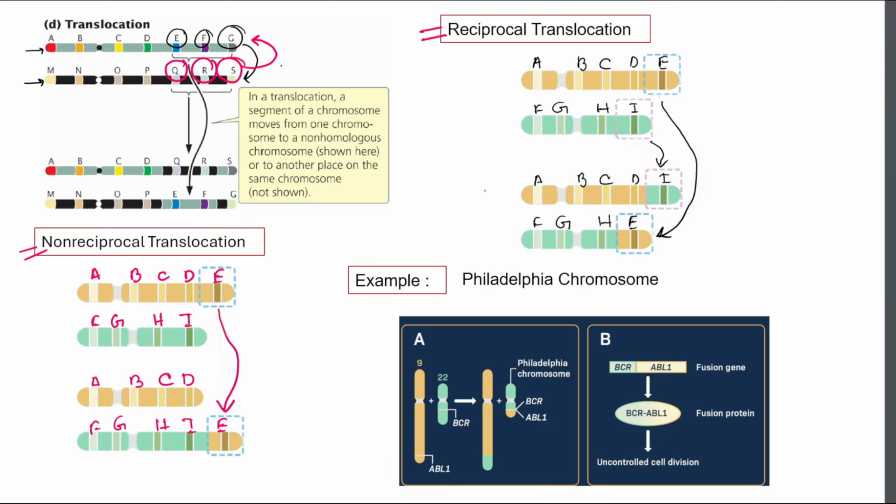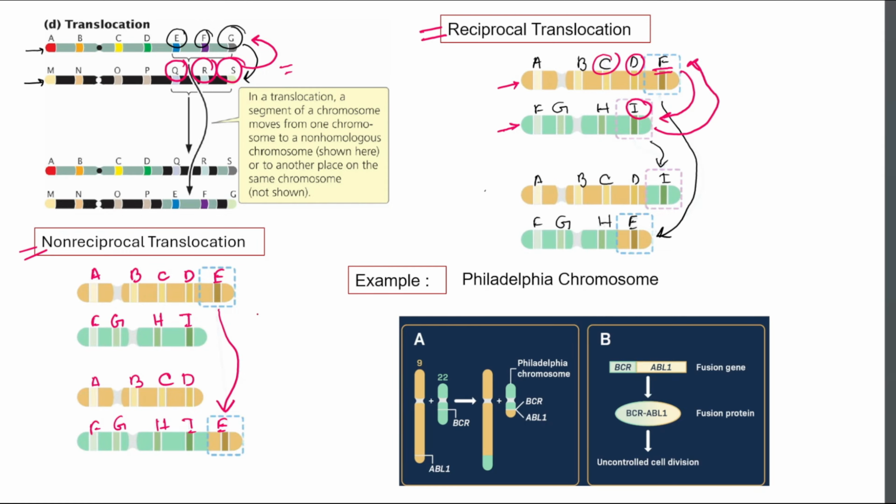Here the segment of one non-homologous chromosome, A, B, C, D and E, is moved to the other non-homologous chromosome, and the I segment of the other chromosome is moved to the first one, in the position of each segment. So this exchange between two non-homologous chromosomal segments is called reciprocal translocation.